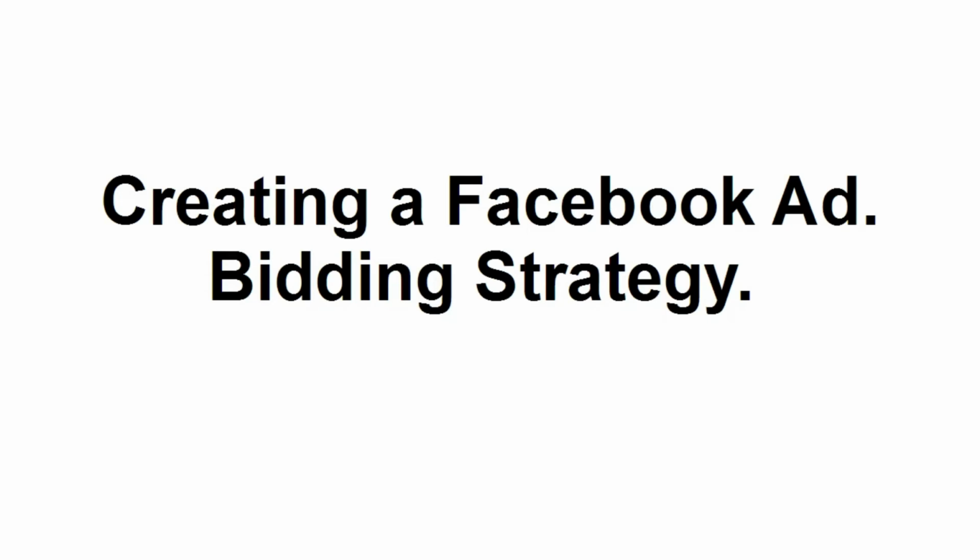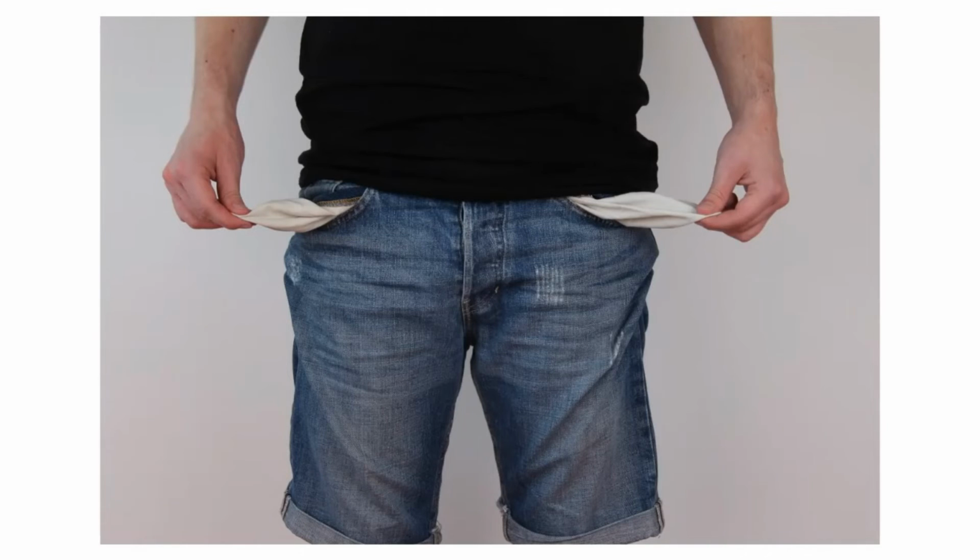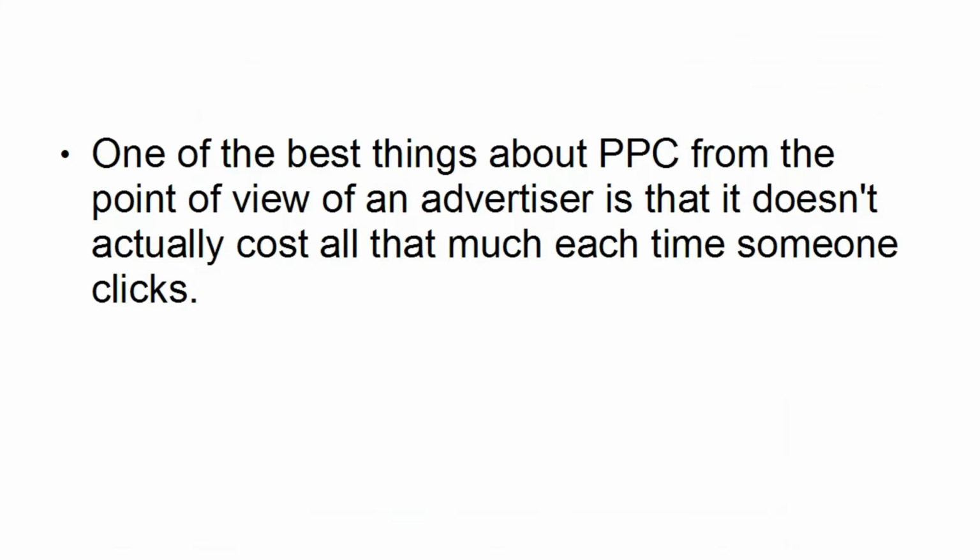Creating a cost-effective Facebook ad bidding strategy is incredibly important. Getting it wrong could leave you seriously out of pocket. One of the best things about PPC from the point of view of an advertiser is that it doesn't actually cost all that much each time someone clicks.